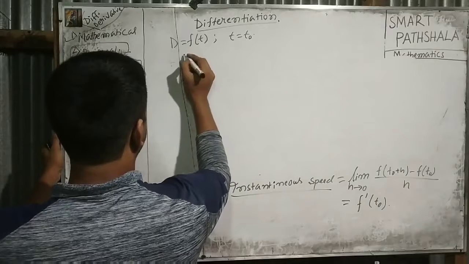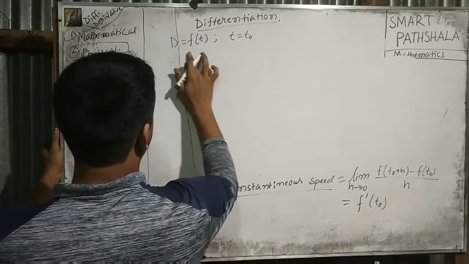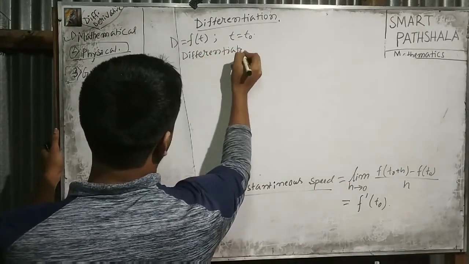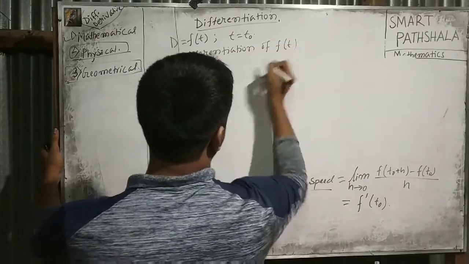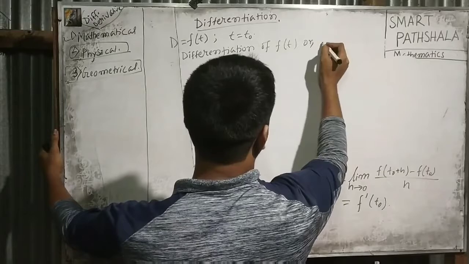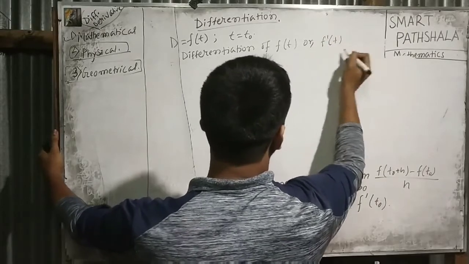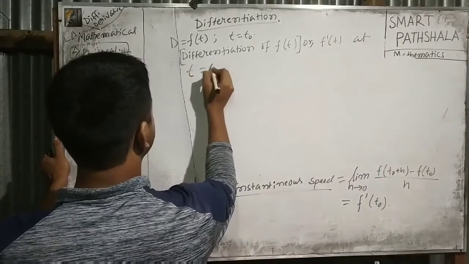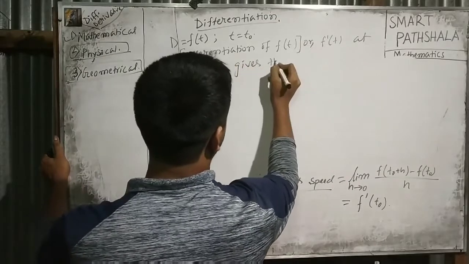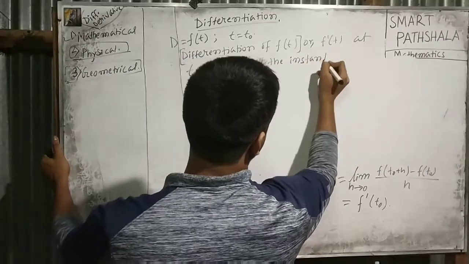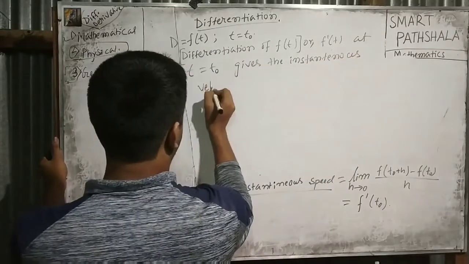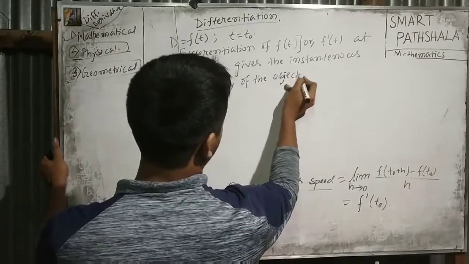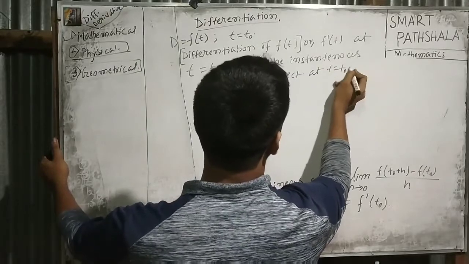Then differentiation of f of t, or f dash t, at a certain point t is equal to t0 gives the instantaneous velocity of the object at t is equal to t0.